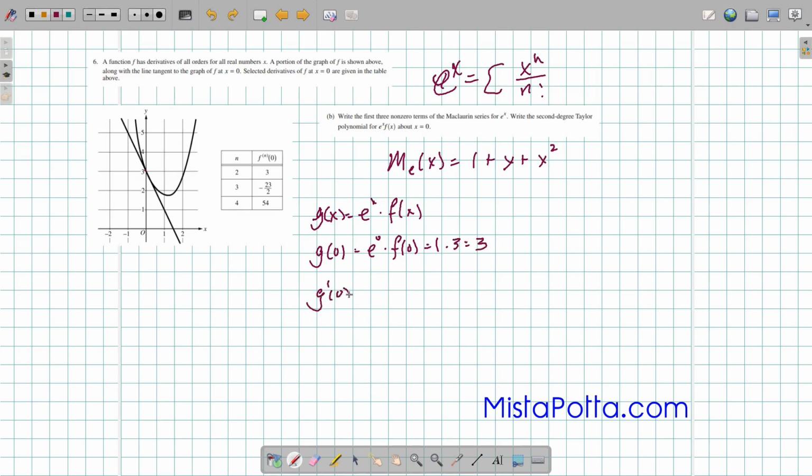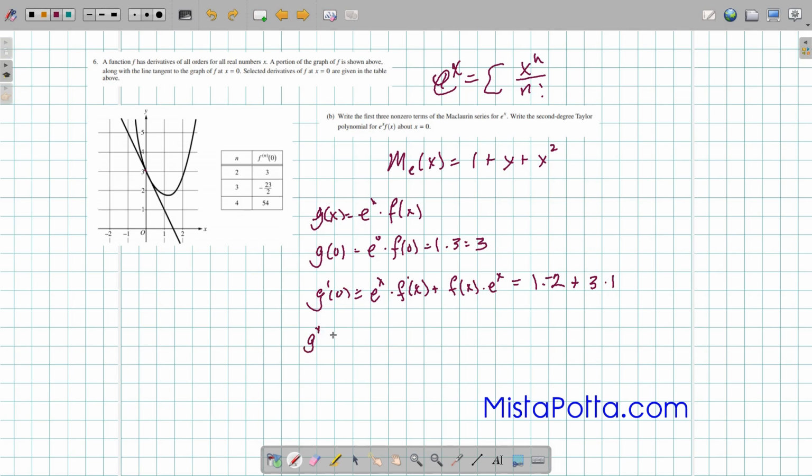G prime of 0, well, this is a product, so I'm going to have the first times the derivative of the second, e to the x times f prime of x, plus the second times the derivative of the first, but the derivative of e to the x is e to the x. So this is really going to be 1 times the derivative, which was negative 2, plus the function, which is 3, times e to the x, which is 1.